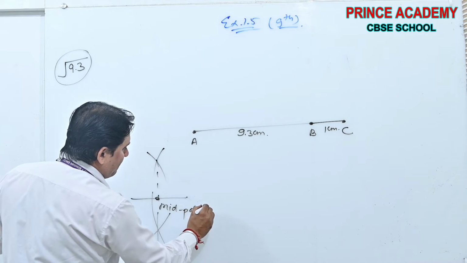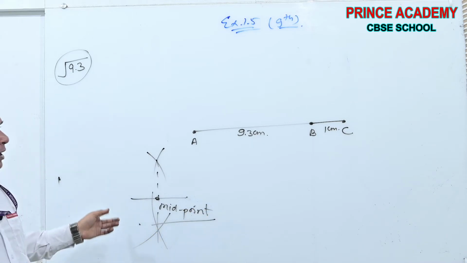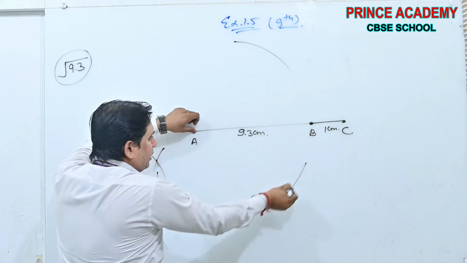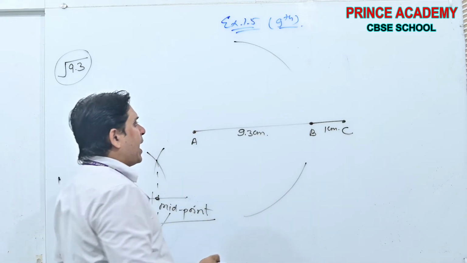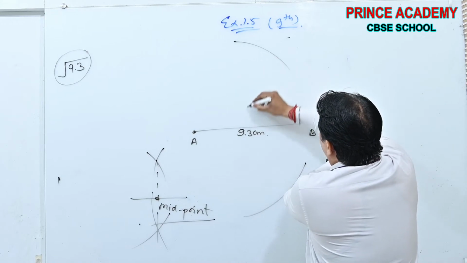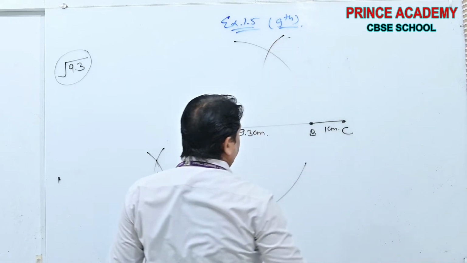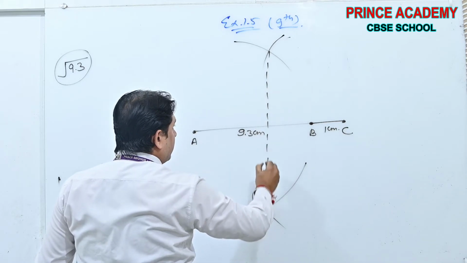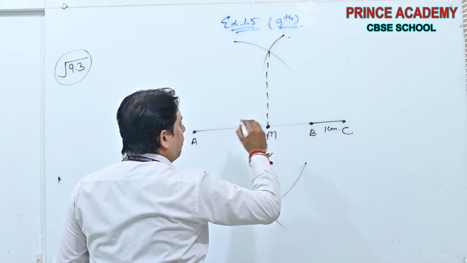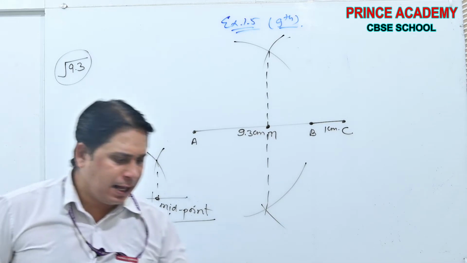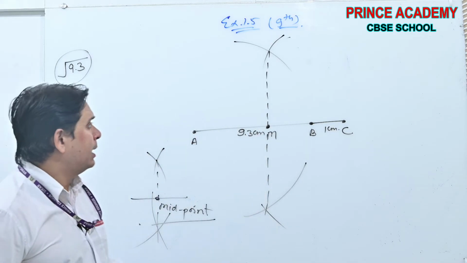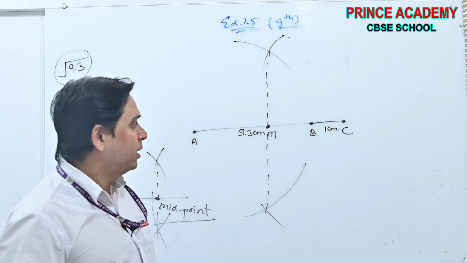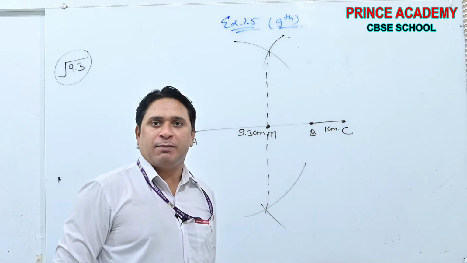In the same way, take A as center, cut 2 arcs on both sides, then with center C, 2 arcs on both sides. If you join these 2 arcs, this is the midpoint M. M is the midpoint of line segment AC.